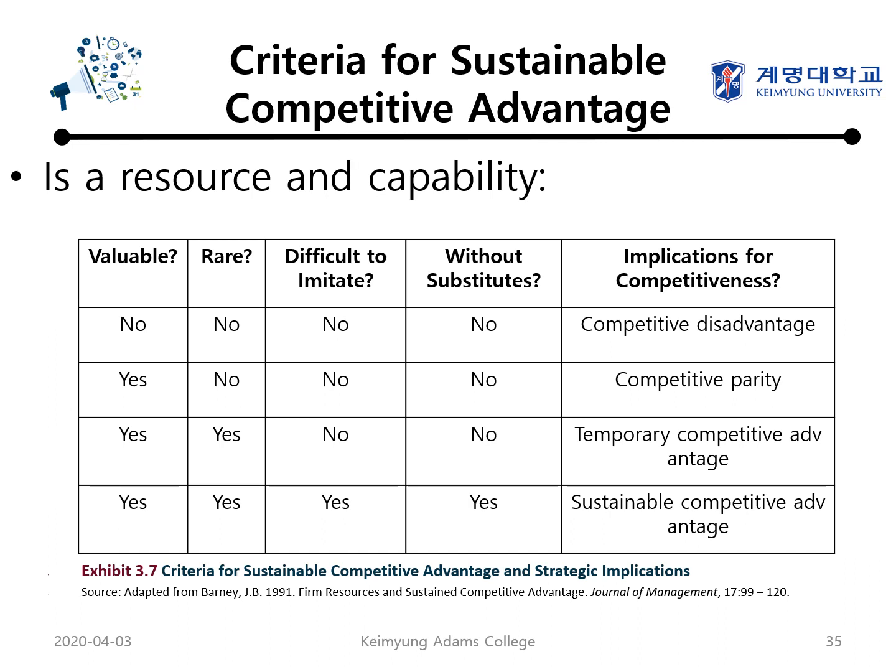What are the criteria for sustainable competitive advantage? Okay. Resources and capabilities must be rare and valuable as well as difficult to imitate or substitute in order for the firm to attain competitive advantages that are sustainable over time.